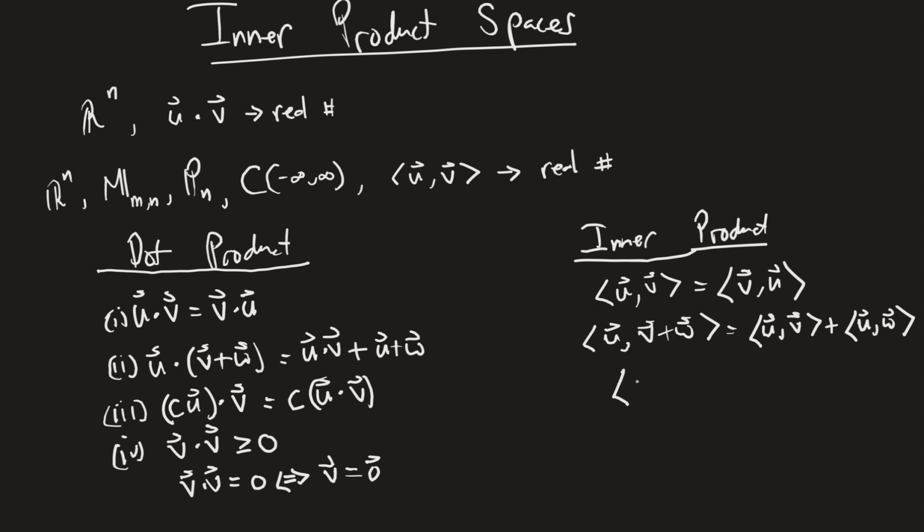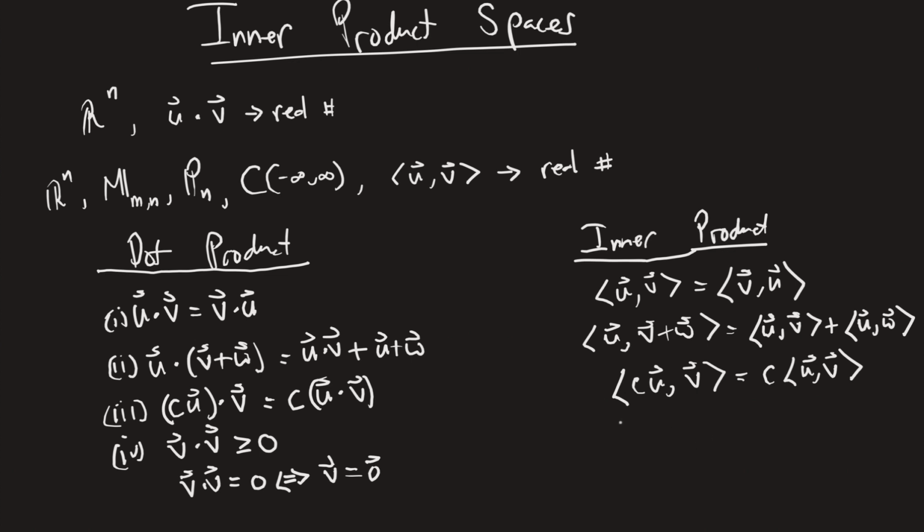This one's a little bit easier, but c times u, the inner product of c times u and v, you basically can factor out the c, whatever is being used to scale your vector here, that can go outside the inner product. So find the inner product first, and then multiply that by c.